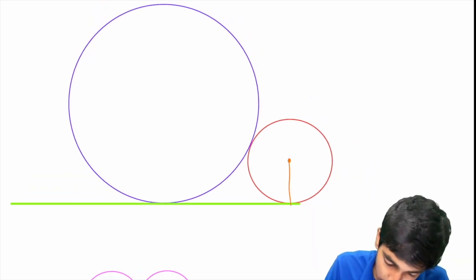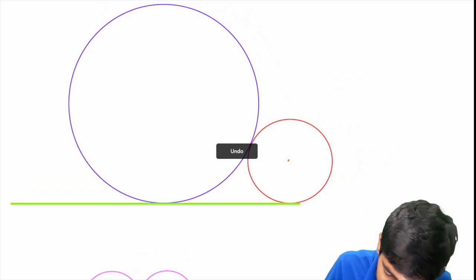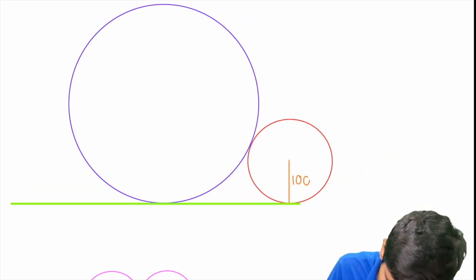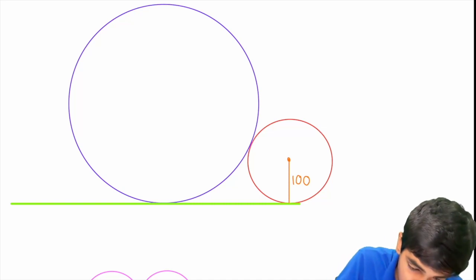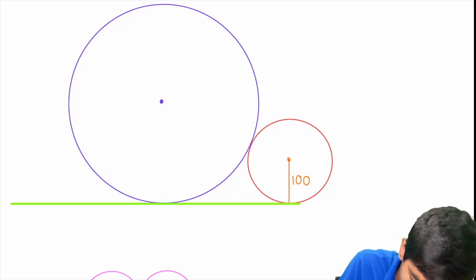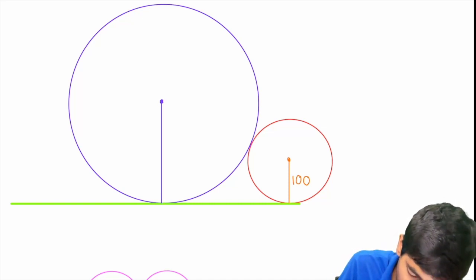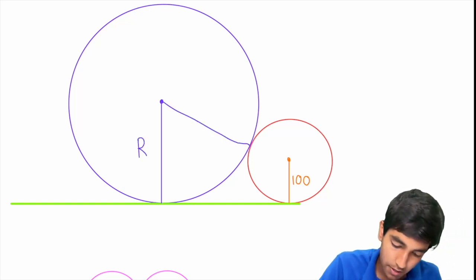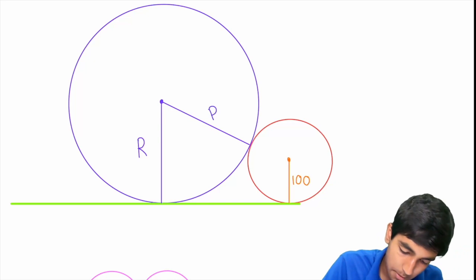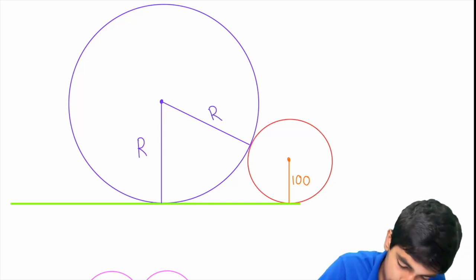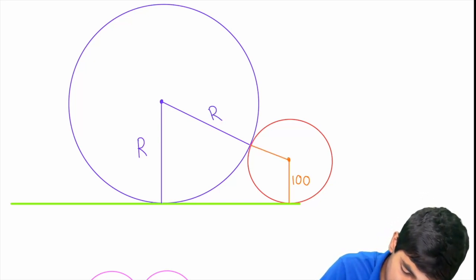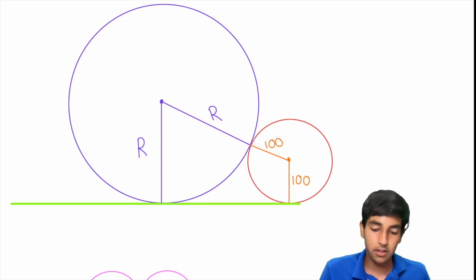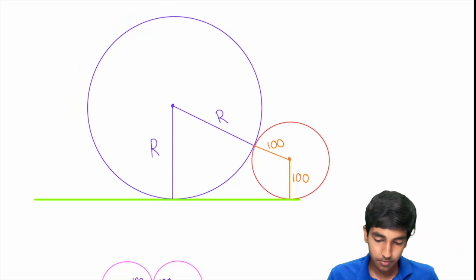This one has radius 100. And this one has radius r. Let's just call it big R. And let's just draw these tangency radii, because they might help us later. You always draw all important radii, and these are all important radii in this diagram.